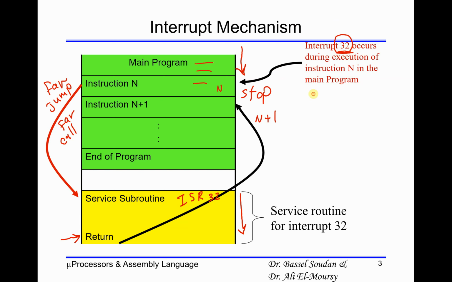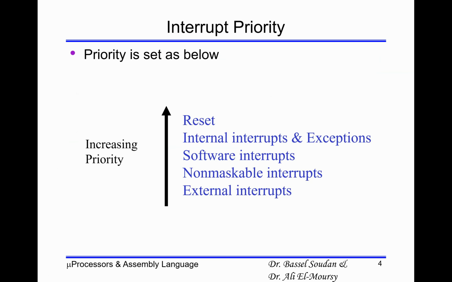We have interrupts from 0 up to a specific number of interrupts. So how does the microprocessor know which interrupt should be executed right now? When the microprocessor receives the number 32, this guides it to where to go in the main memory to find which interrupt service routine to execute. And this is what we will explain shortly.